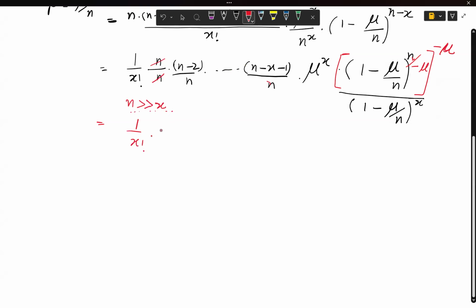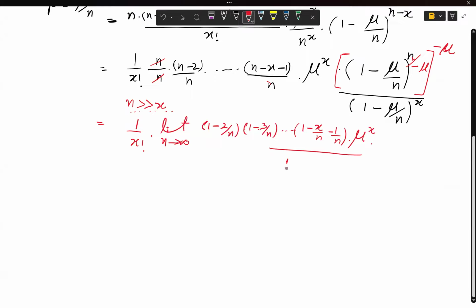It is like applying the limit n approaches infinity in comparison to the values of x, and all these terms will become 1 minus 1 by n, 1 minus 2 by n, 1 minus 3 by n, and so on up to 1 minus x minus 1 by n, and there is mu raised to the power x, and 1 minus mu by n raised to the power x.